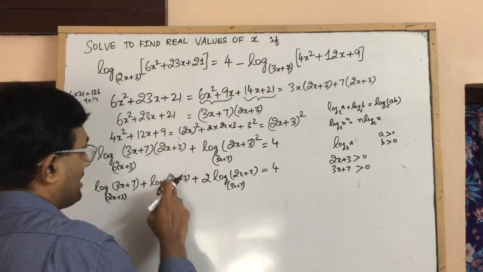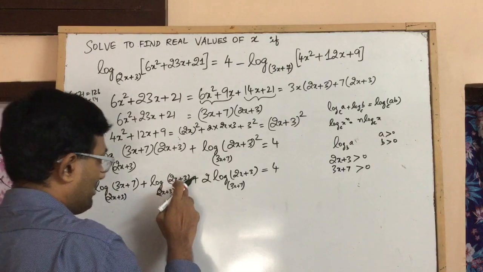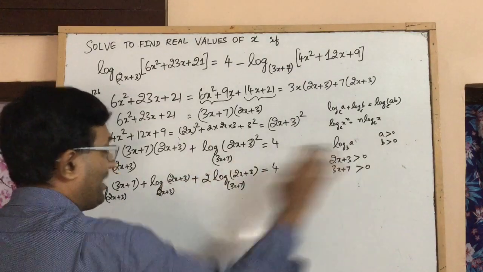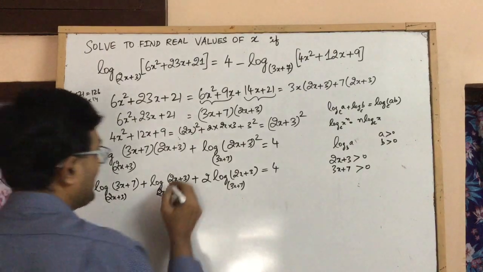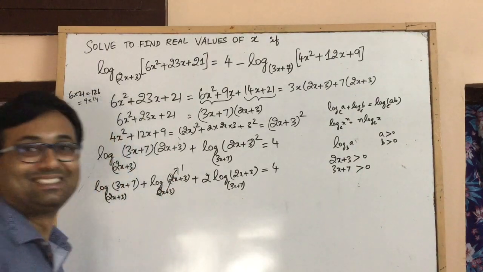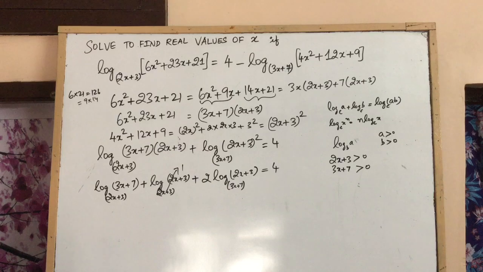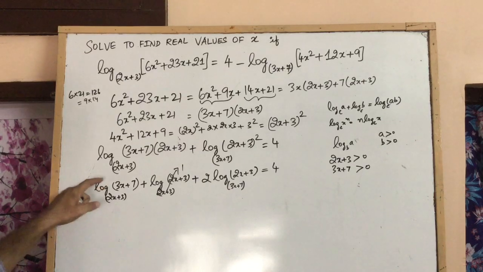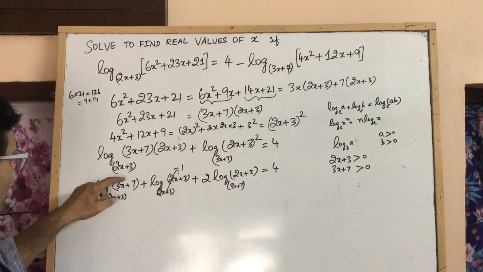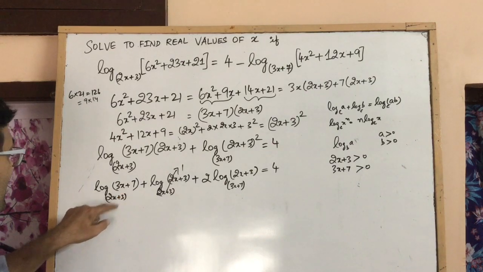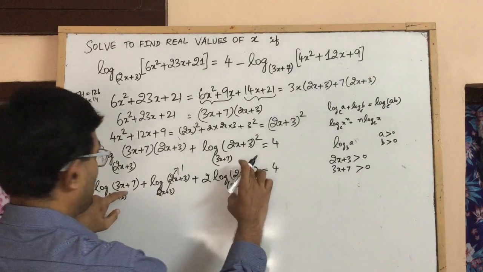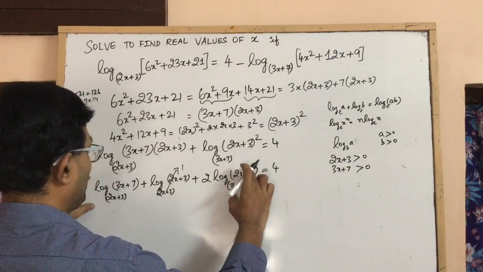Of course, if this is defined, then logarithm of 2x plus 3 to the base 2x plus 3 becomes 1, right? We find that here the base and the number within the log are just interchanged in between these two terms, right?